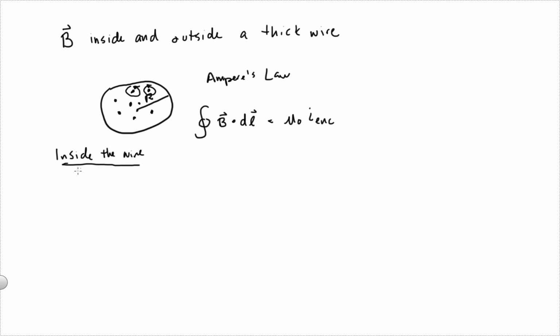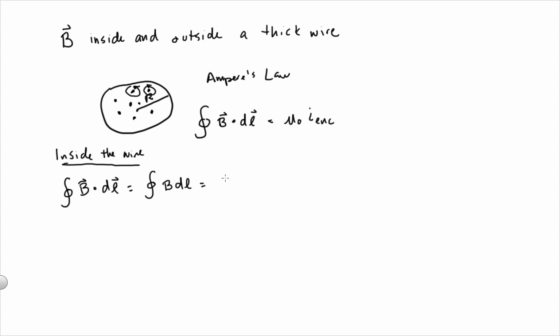And so that means that on the left-hand side of Ampere's law, B dotted into dl, if you choose loops that are pointing in the same direction, parallel everywhere, then this dot product simply becomes B times dl. The cosine term is cos 0, which is 1, so we can ignore that.